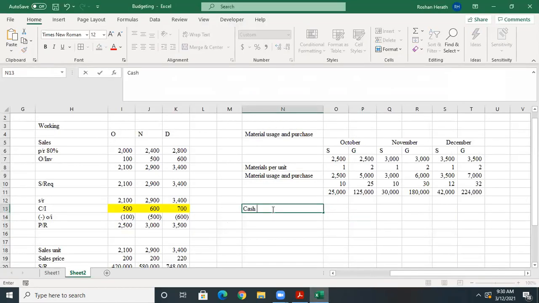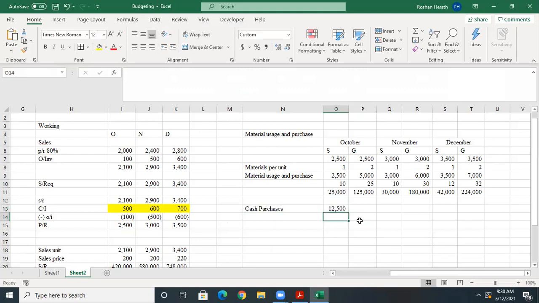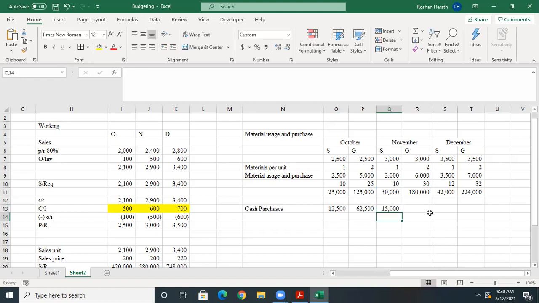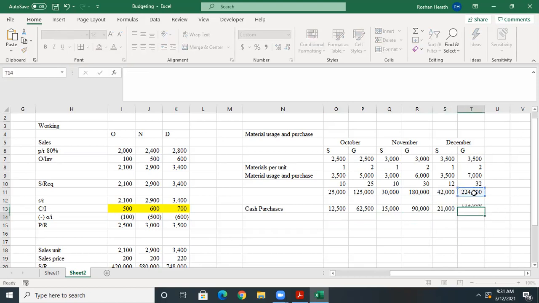You can take the cash purchases. So when you come to the sigma, you are paying 50%, and gamma the same, 50%. So similarly for the next month, 50% you are paying that, 180,000. 50% you are paying here also, 42,000. 50% you are paying on the same month, and 224,000. 50%, yes.